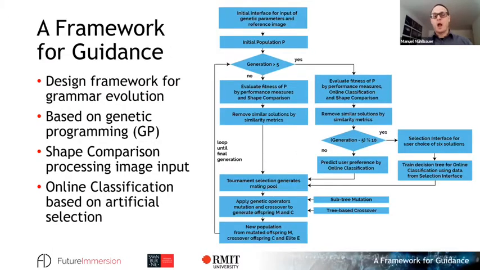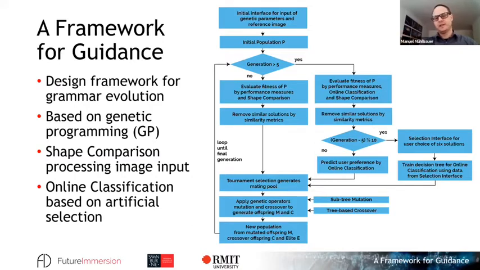The framework for guidance is grammar evolution based on genetic programming, which is then extended with the interactive measures that we introduced: shape comparison for processing the image input and online classification based on artificial selection.